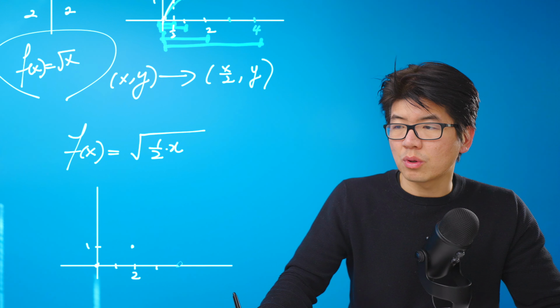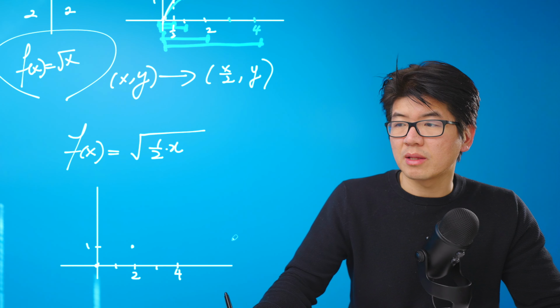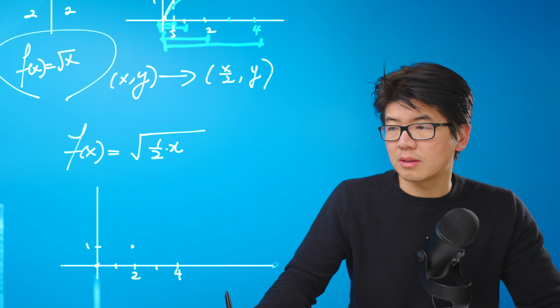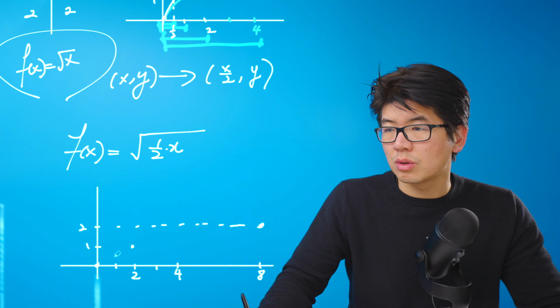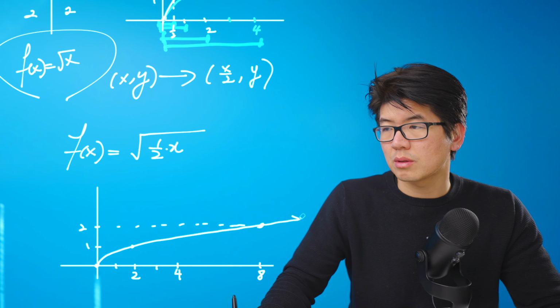And instead of 4, I need to plug in 8. If that's 4, 8 will be about there to get the same 2. Like that.